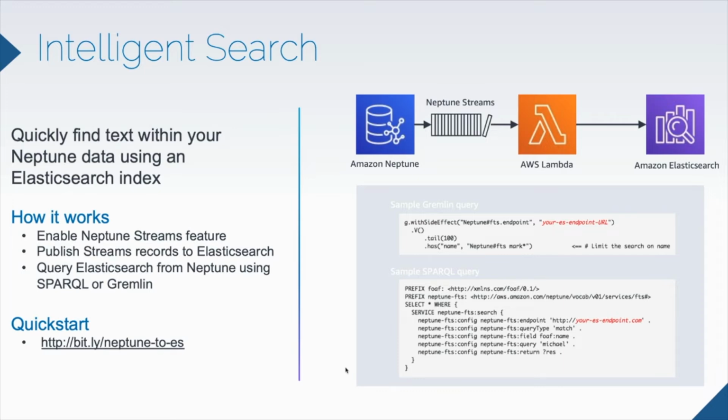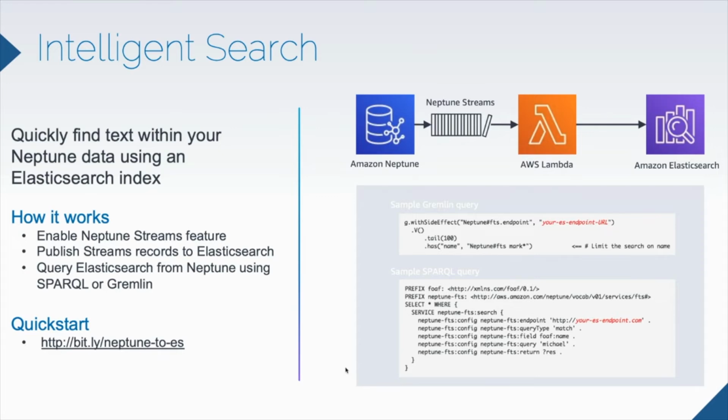The other interesting feature is what we call intelligent search. You may be familiar with the concept of Elasticsearch. We call this OpenSearch as well. Basically, it's a piece of technology that indexes your data according to what you want to optimize in terms of searching.